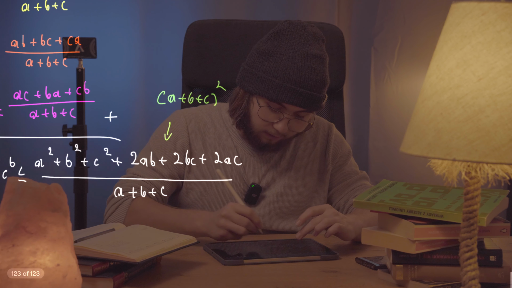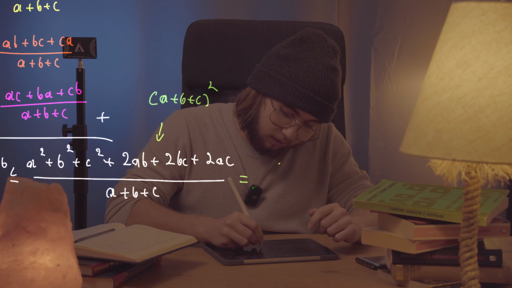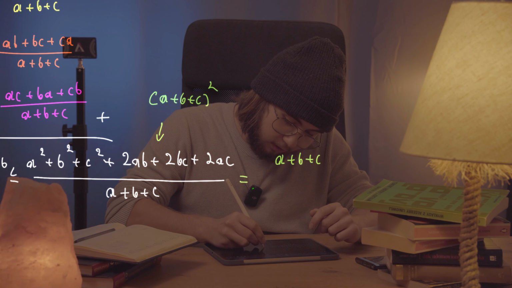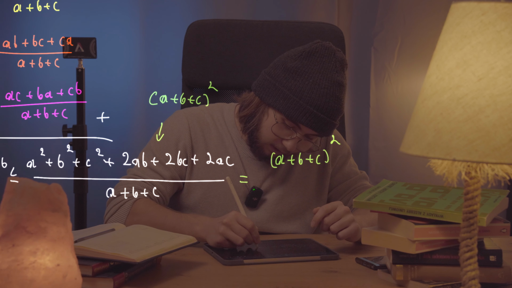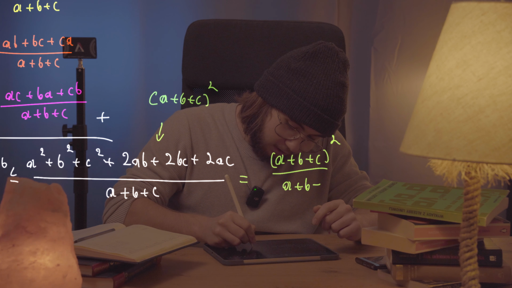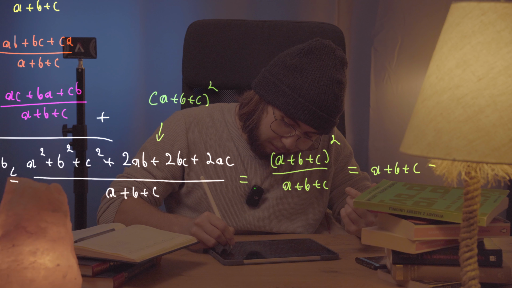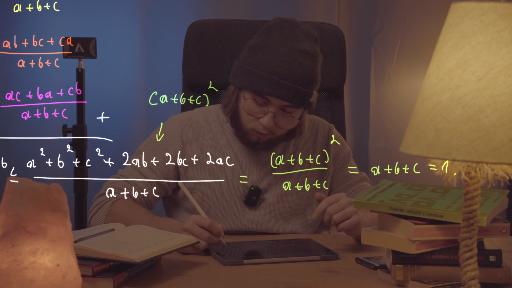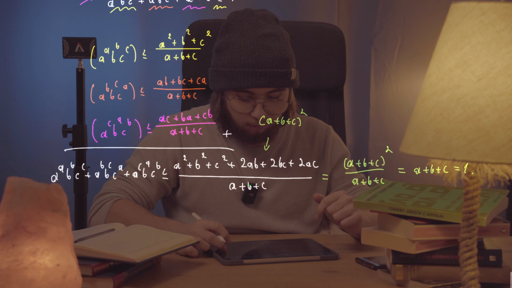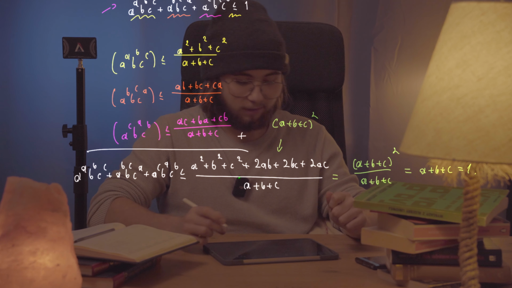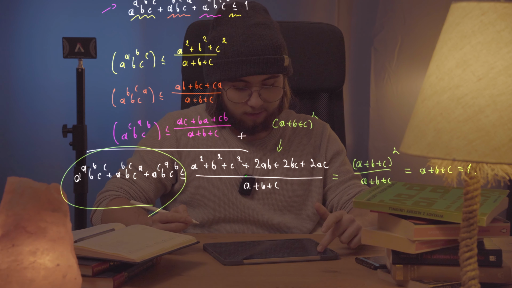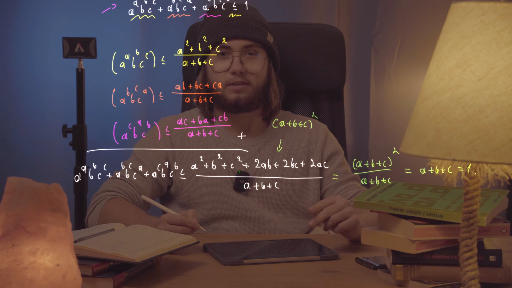So this upper bound is equal to a plus b plus c all squared divided by a plus b plus c, which is equal to just a plus b plus c, but that thing is equal to 1. And so we got our desired upper bound on the entire sum of those awfully looking terms.